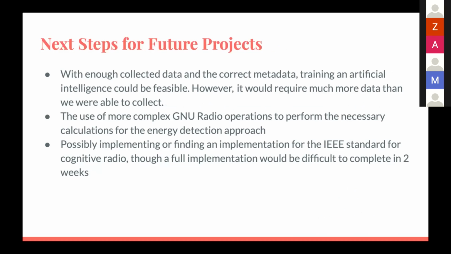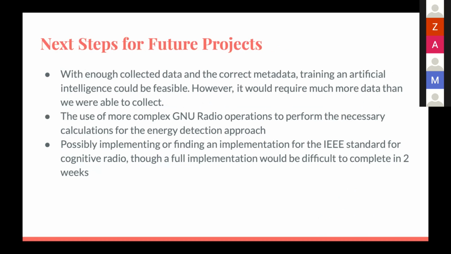So for the next steps for future projects, with enough collected data and correct metadata assigned to it, we could train an artificial intelligence to recognize which channels are occupied and which channels are free to use. But it would require a lot more data than what we were able to collect.